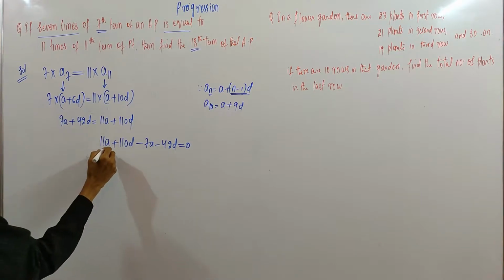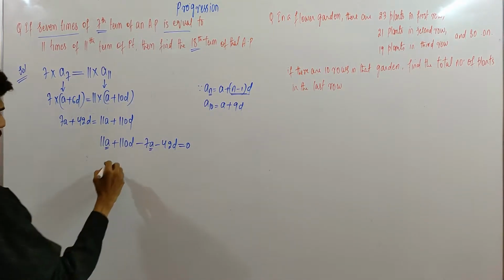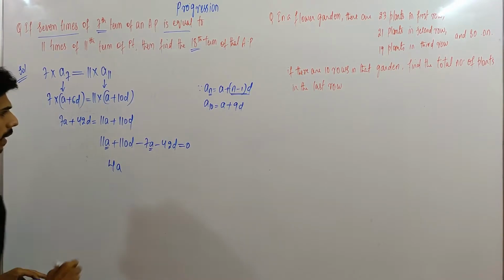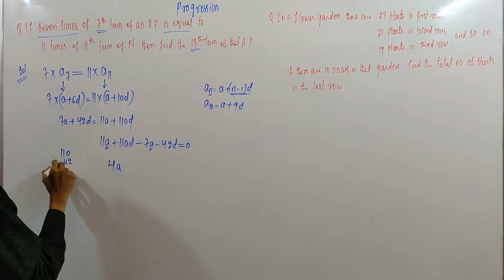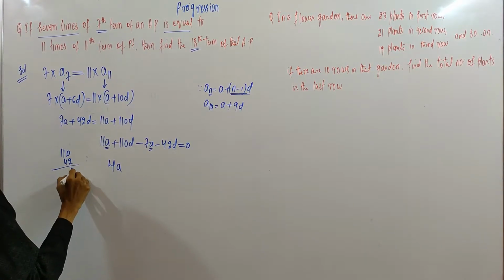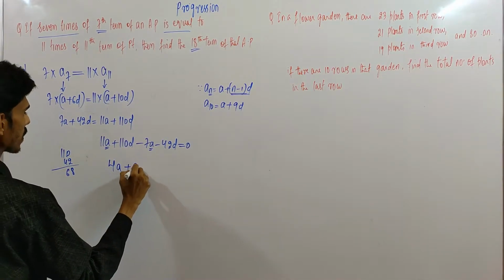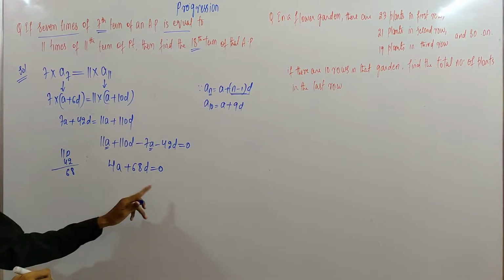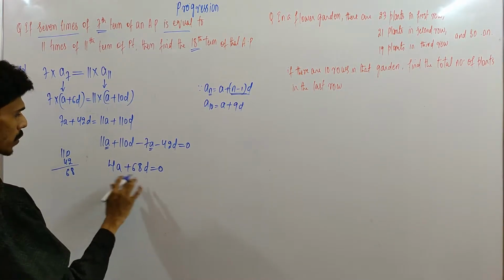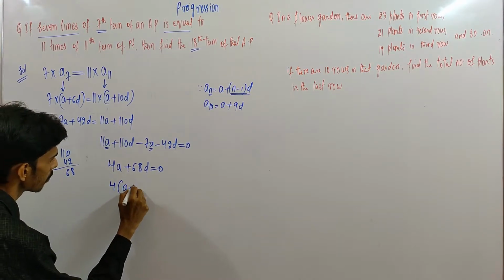Now 11 minus 7 we have 4a, 110 minus 42 we have 68. So we have 4a plus 68d is equal to 0. Let us take 4 common from these two numbers.